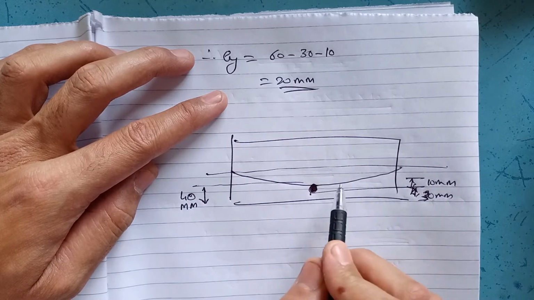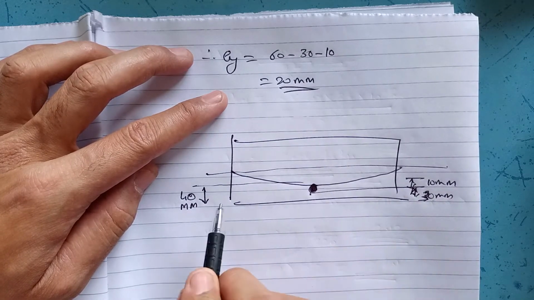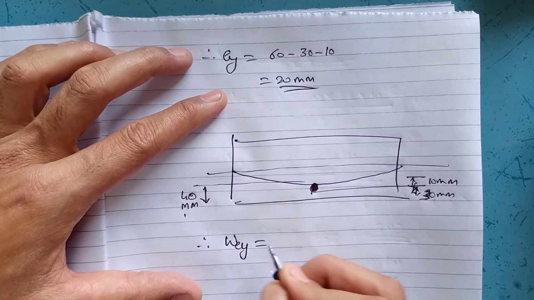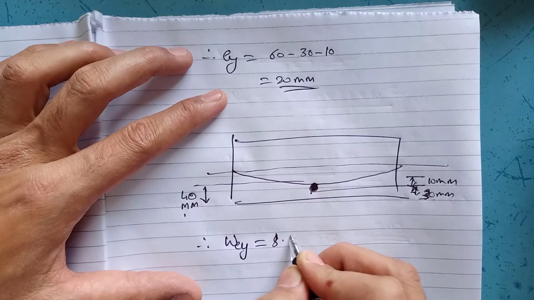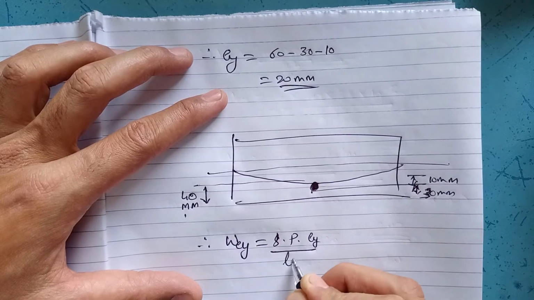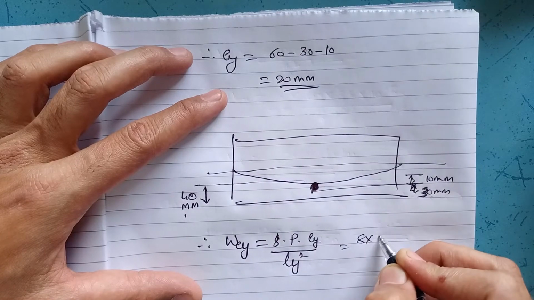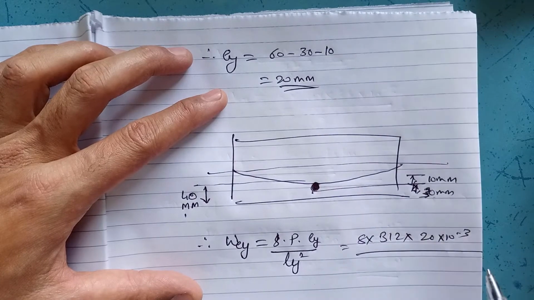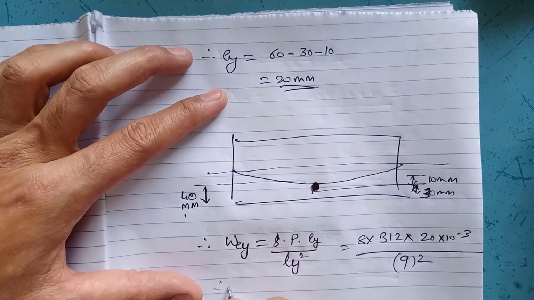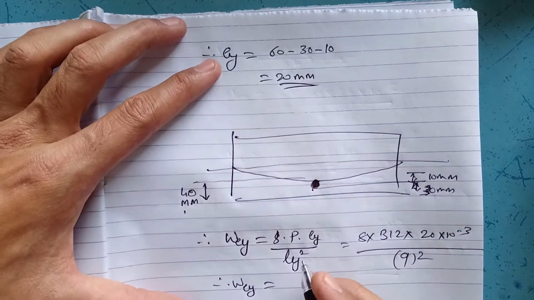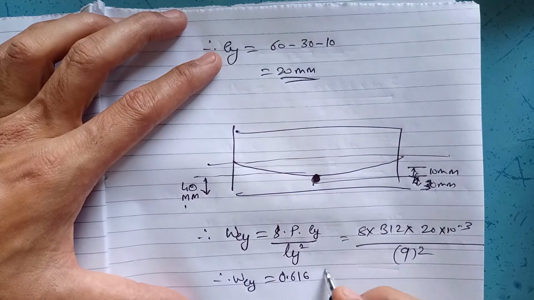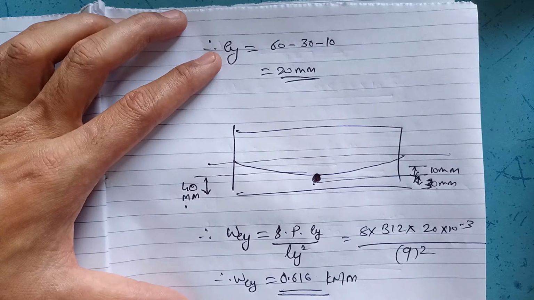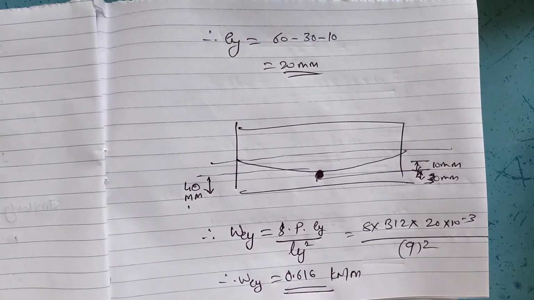Hence 10 plus 30 will give 40. In the previous steps you can go through this detailed explanation. Therefore WEY is equal to 8 into P, 312, into 20, converting it into meter, 10 raised to minus 3, divided by 9 square. We get WEY as 0.616 kilonewton per meter. Now these are the load intensities in X and Y direction.